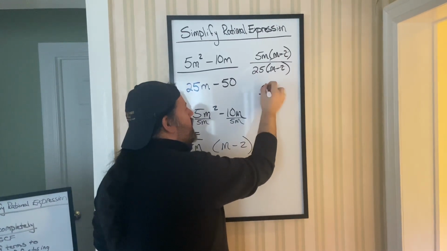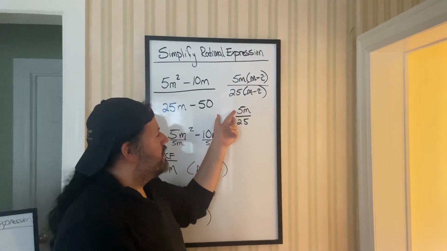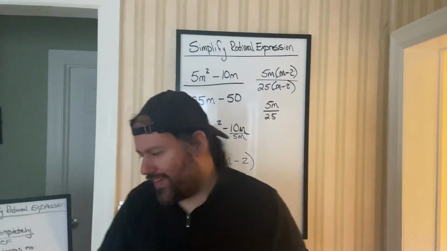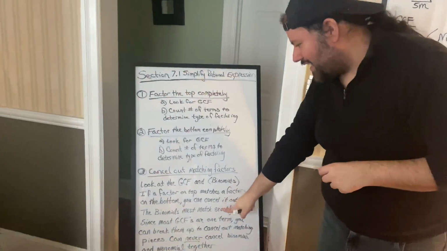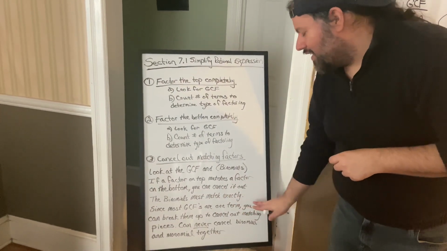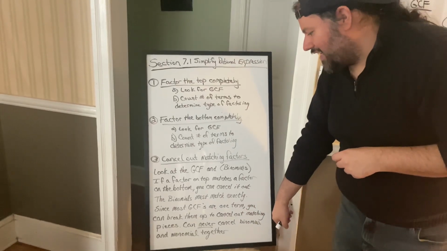Now some people think you're done, and you might say, well, there is nothing that matches. But here's the tricky part with GCFs. If you look down here, it says since most GCFs are one term, you can break them up even further to cancel them out, okay?